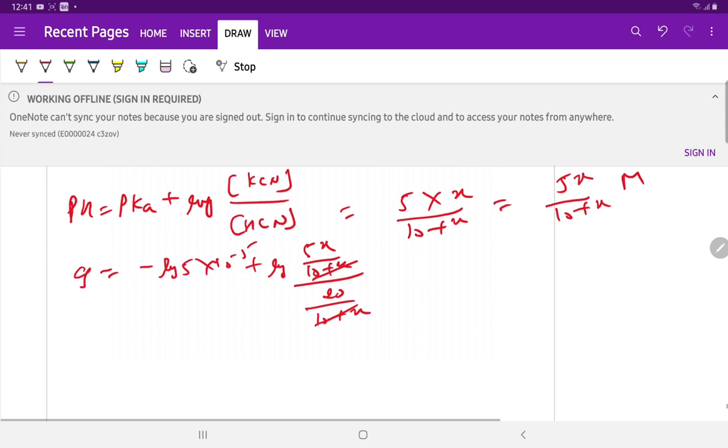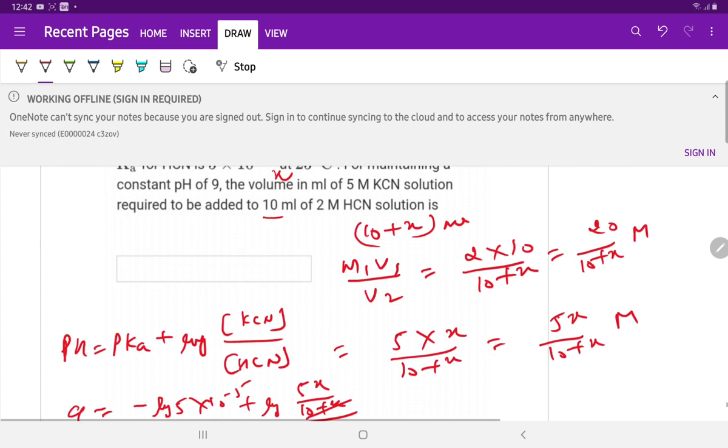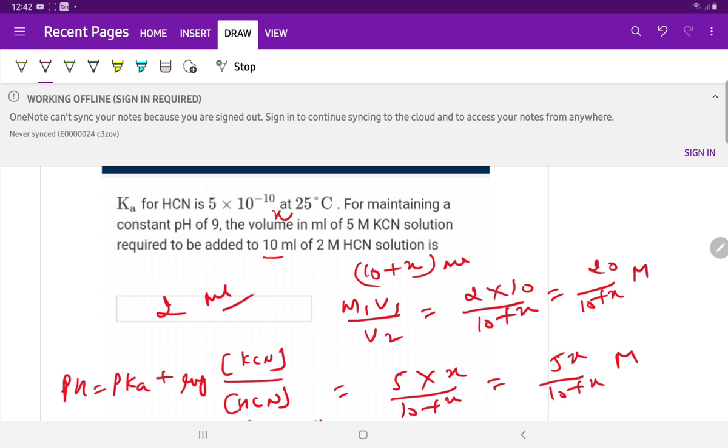This gives 1 by 4 equal to x by 4, so x is equal to 2 ml. So the answer is 2 ml.